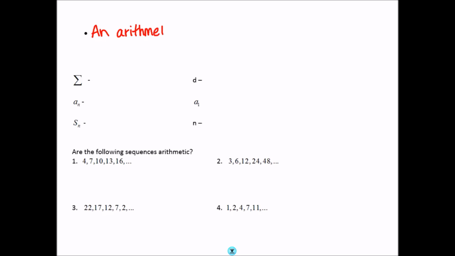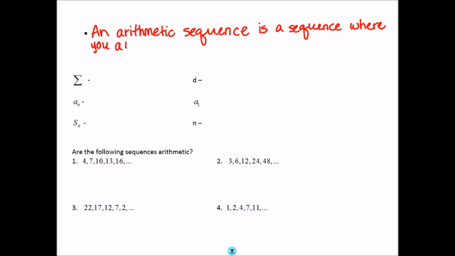So an arithmetic sequence is a sequence or a pattern of numbers where you add a constant to find the next term in the sequence.